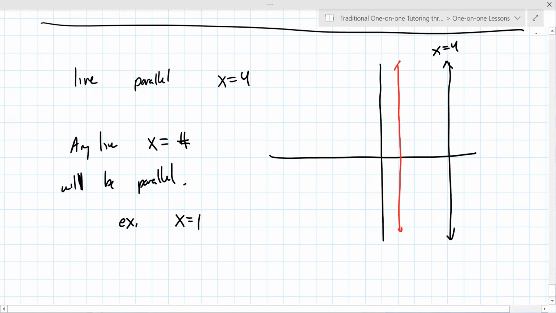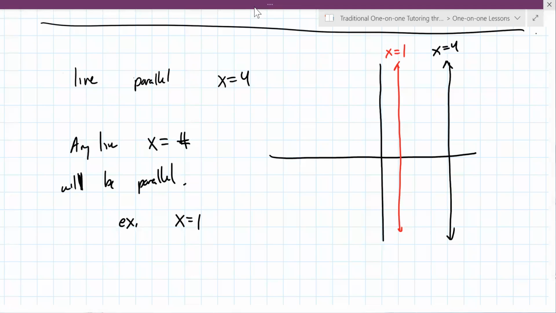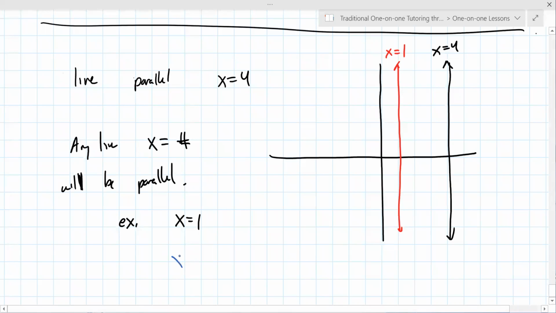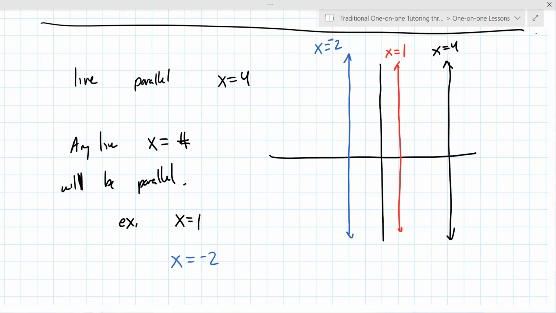Is this parallel? Are these parallel? Yes, they are. How about x equals -2? Let's just do one more here. These are parallel. So for this, does it matter what number you use? No. I think that was one of the problems for students: when there are so many options, it's hard to constrain yourself to choose. There are infinite options. Yes, infinite options.